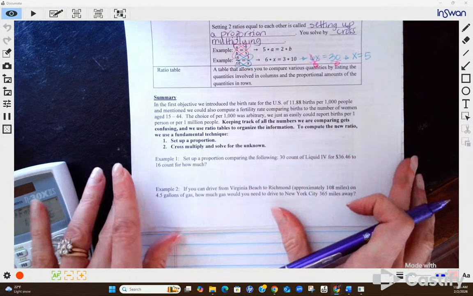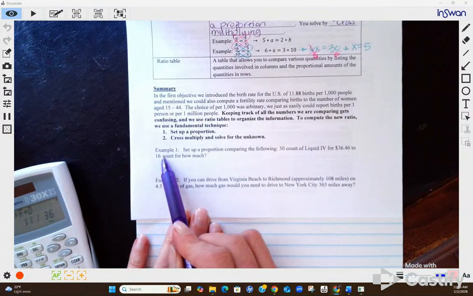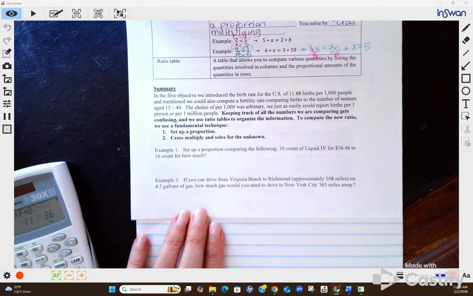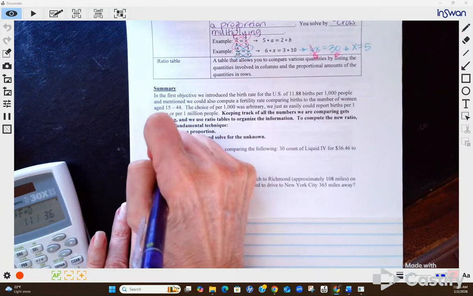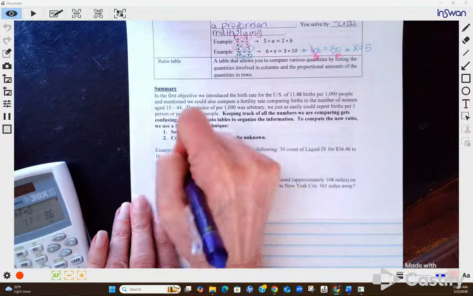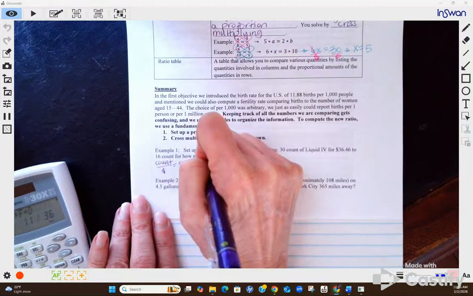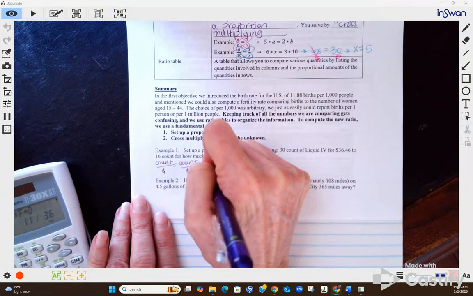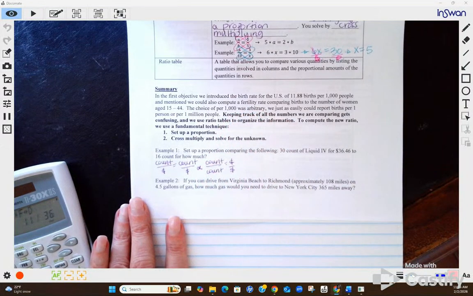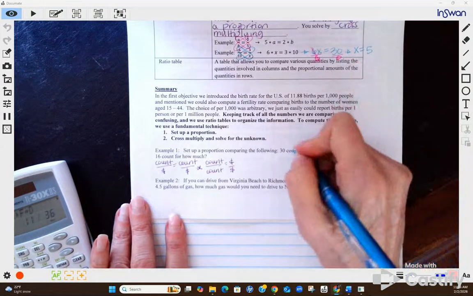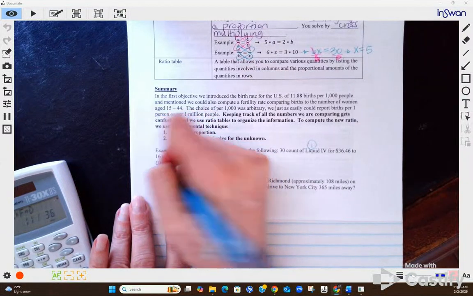All right, so you have choices. We have a count, and we have a price, and we have a count, and we need to know a price. So you've got choices how you can set them up. You can either do count over price equals count over price, or you could do count over count equals price over price, as long as things match up. If this is considered situation number 1, we would do count for number 1 with price for number 1.